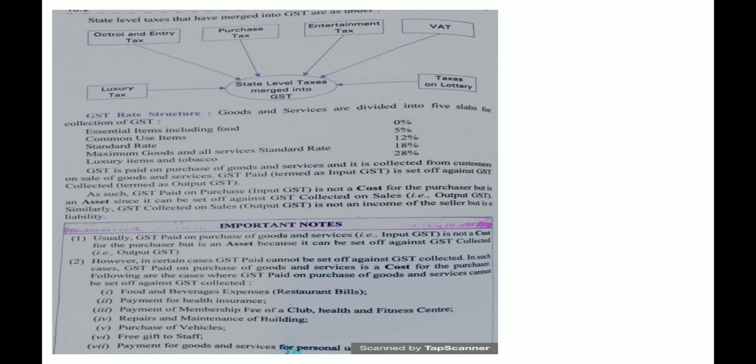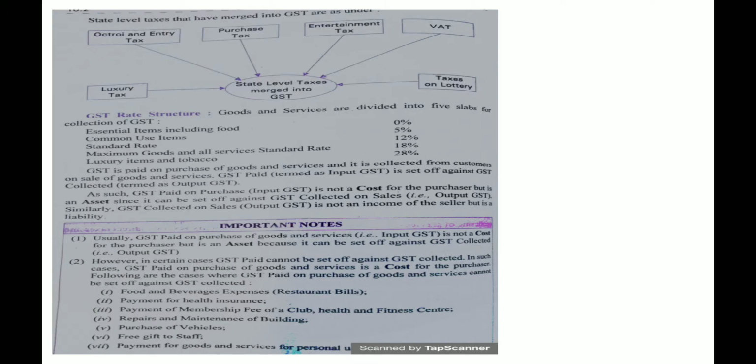Now, the rate of GST is different for different slabs, or we can say different on goods and services, which are divided into 5 slabs. First of all, essential items including food have 0% tax, which is quite good.